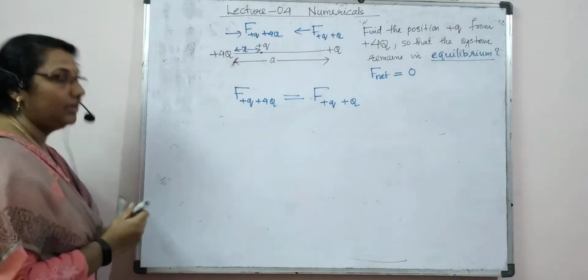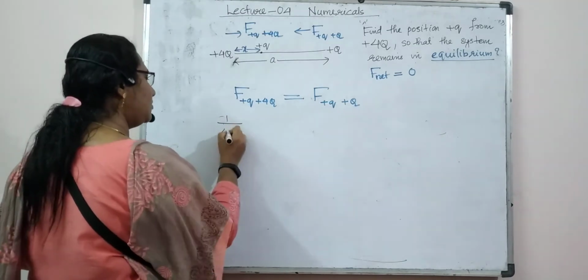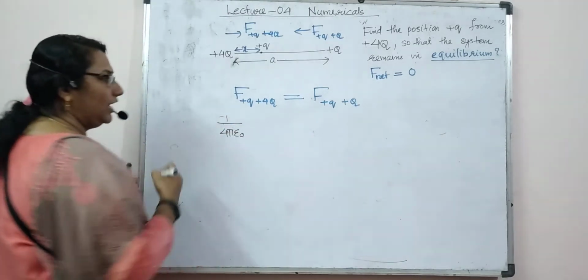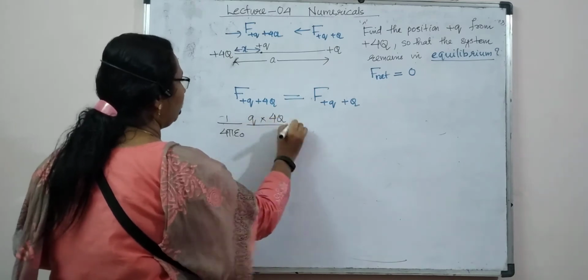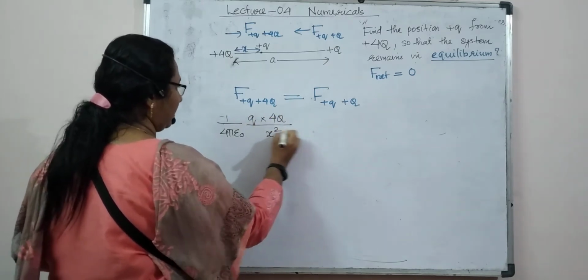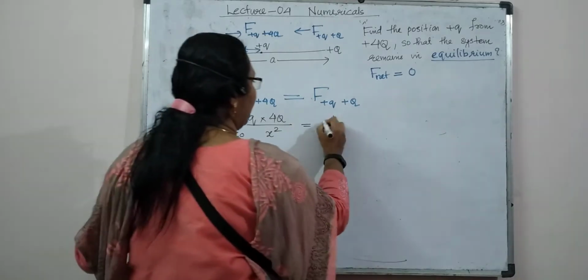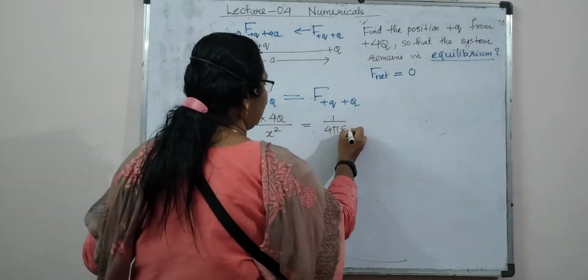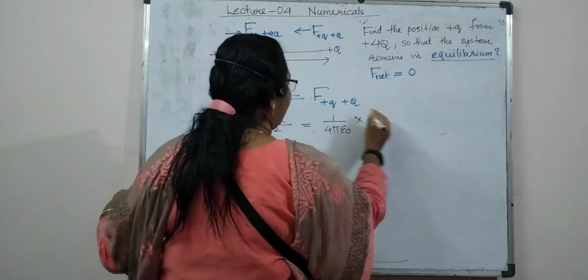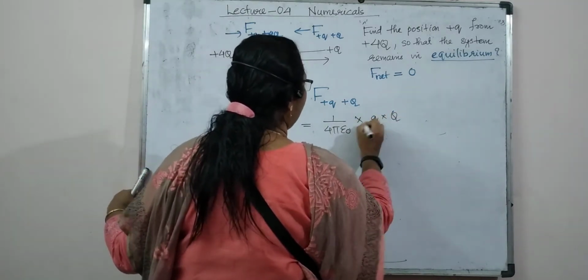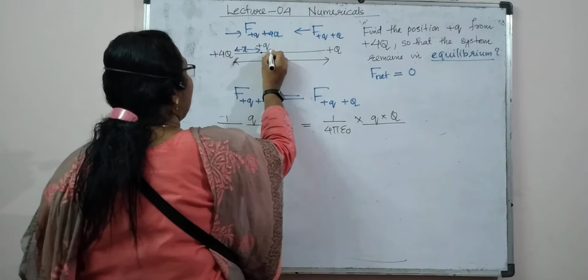This is the condition. Now just simply solving: 1 by 4 pi epsilon 0, 4Q q by x square is equal to 1 by 4 pi epsilon 0, permittivity of free space, into q, capital Q, by the remaining distance.